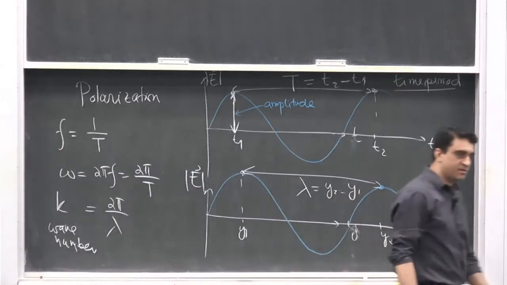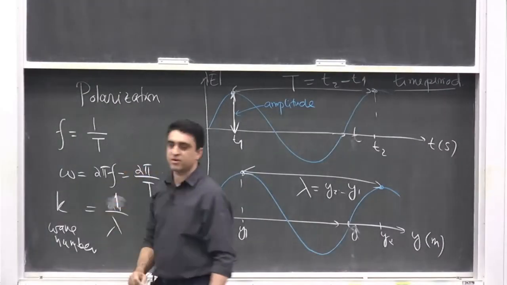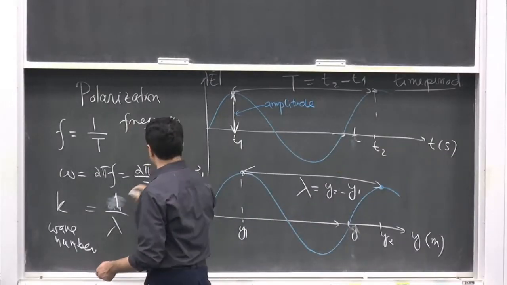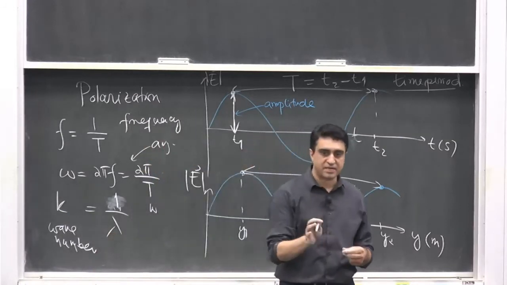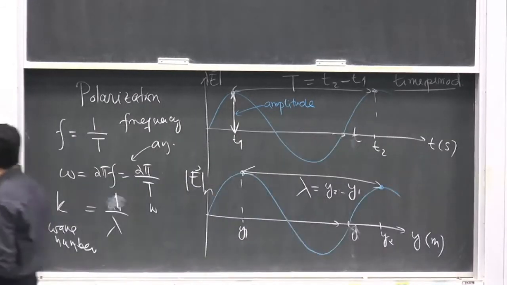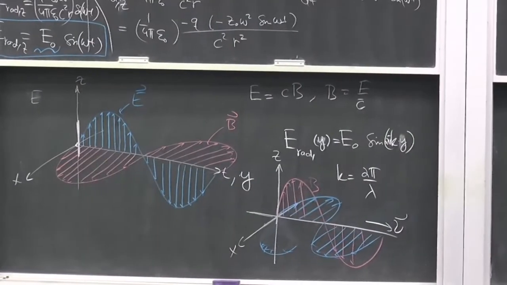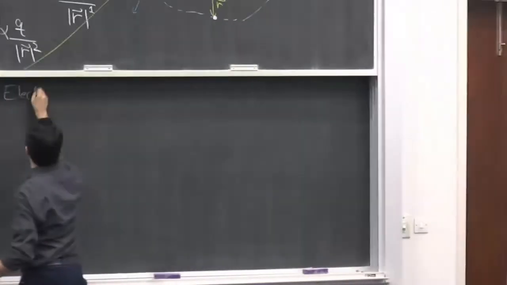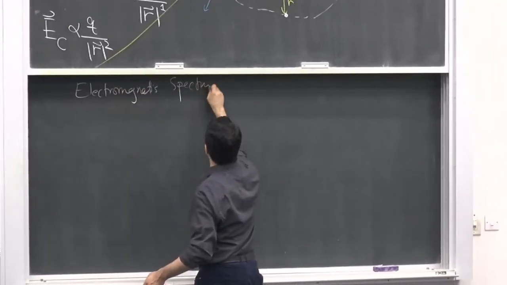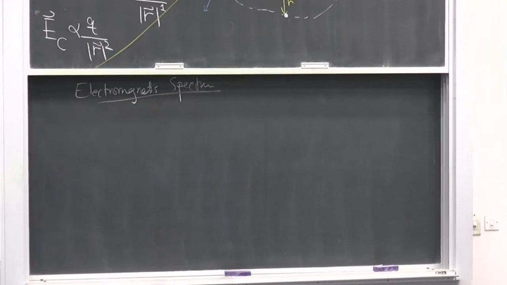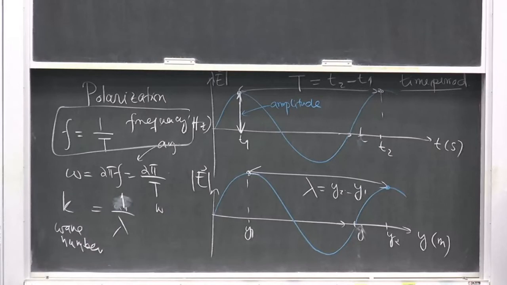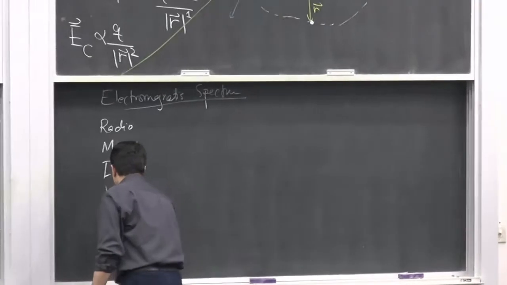So what it means is that this field should have both an electric field and a magnetic field, and the direction of that magnetic field is given by the direction of the velocity. So if this is the propagation direction, the magnetic field direction here should be such that E cross B gives you the direction of that velocity. So if I have E in this direction and B outward, then I would get this direction.